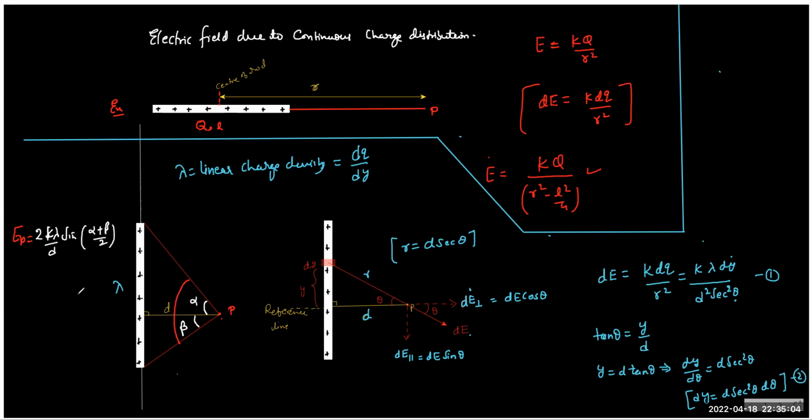And not only that, in fact, the direction of the resultant is also along the direction of the angle bisector. So the direction of EP is in the direction of the angle bisector.